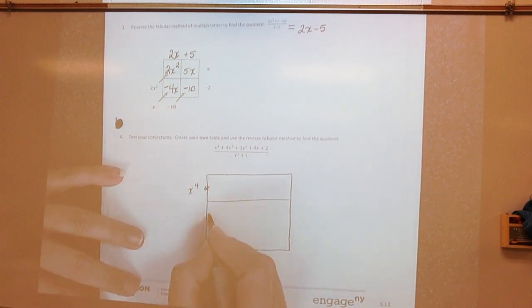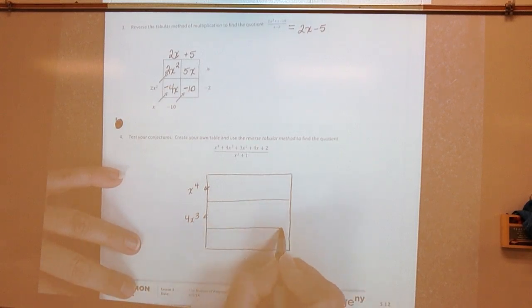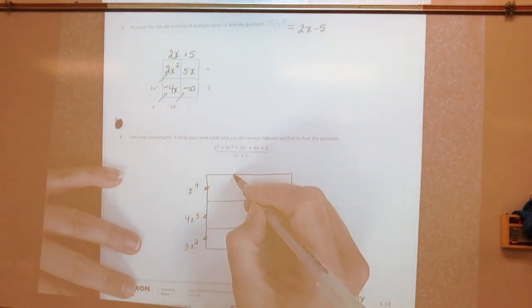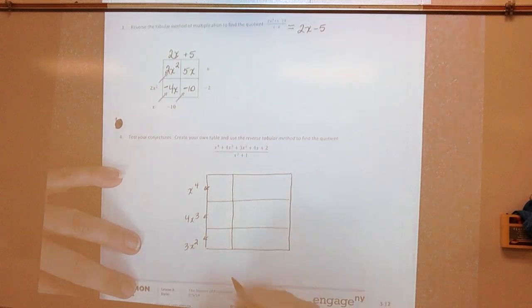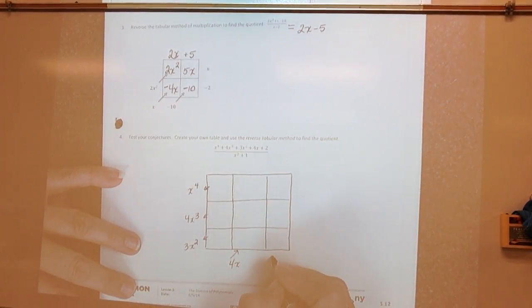All right, I'm going to have 4x cubed here. Okay, I'm going to have 3x squared here. Then I'm going to have my diagonals that will give me 4x. And I will have to have my diagonals that will give me 2.